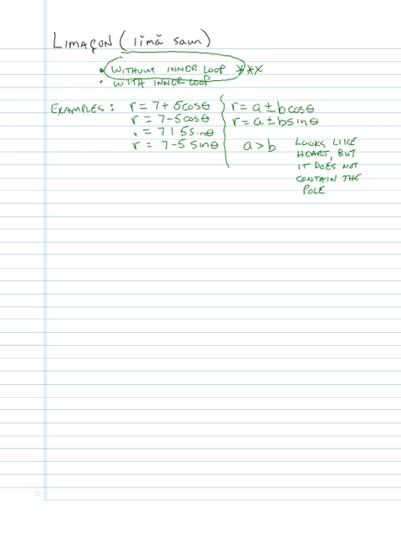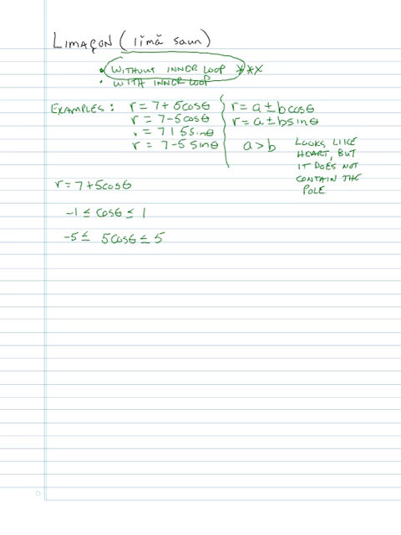Let's look at r is equal to 7 plus 5 times cosine of theta. Here's the whole issue about this r value. No matter what theta is, the cosine of theta is going to be between -1 and +1. So if we multiply all the way through by 5, we have -5 is less than or equal to 5 times cosine of theta, which is less than or equal to 5 times 1, which is 5.